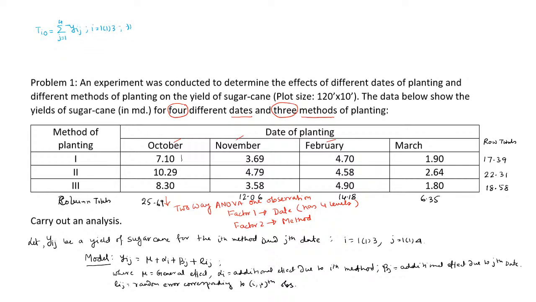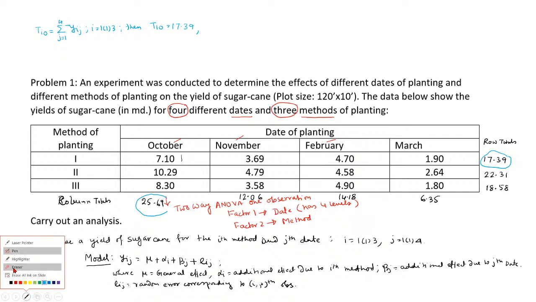Then T1 naught is 17.39. Please rectify this. This is 6.34.